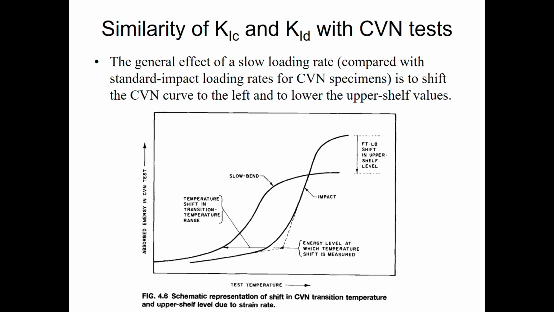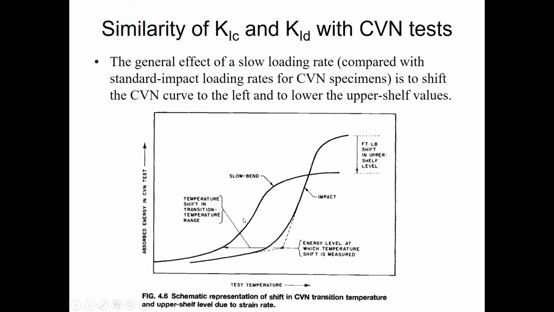The general effect of a slow loading rate compared with standard impact loading rates for CVN specimens, where CVN refers to the Charpy V-notch specimen, is to shift the CVN curve to the left and to lower the upper shelf value. Okay, this graph is the schematic representation of the shift in CVN transition temperature and upper shelf level due to strain rate.